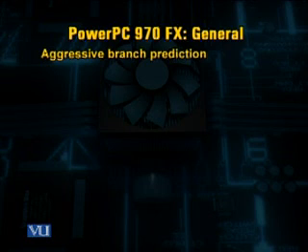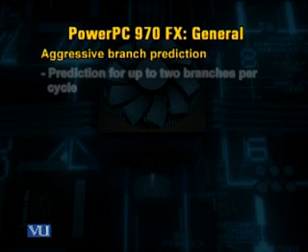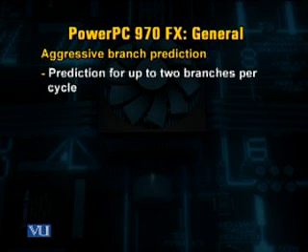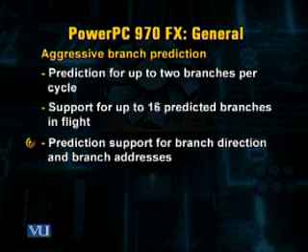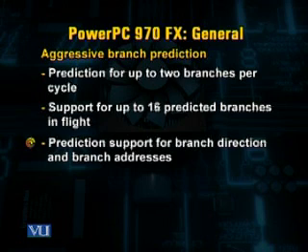It has got aggressive branch prediction features, that is, the predictions for up to 2 branches per cycle are allowed, and it supports up to 16 predicted branches in flight, which means when there are 16 predicted branches, they may be in operation at a time, and the prediction supports branch direction and branch addresses.